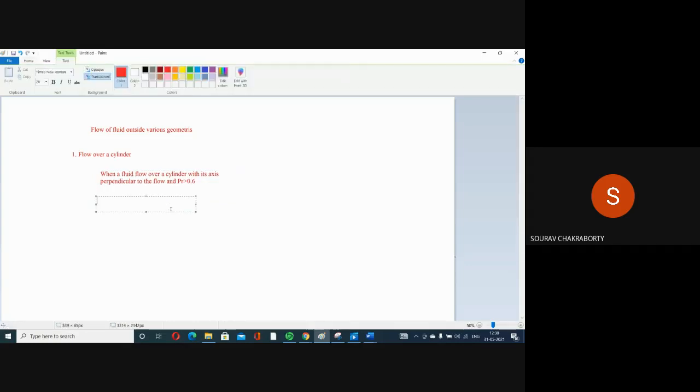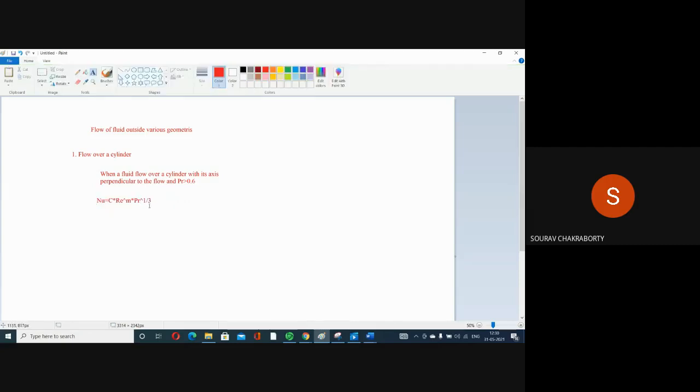The expression will be Nusselt number equal to capital C into Re, that is Reynolds number, to the power m, into Prandtl number to the power 1/3. What will be the value of C and m? Here C and m are constants. So for different Reynolds number values, we can get the values.